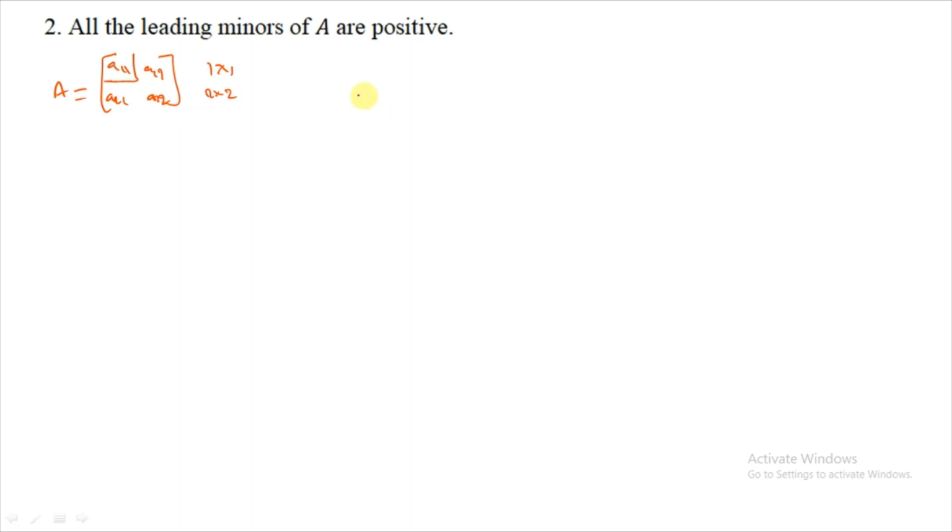So suppose A is a 3 by 3 matrix: A11, A12, A13, A21, A22, A23, A31, A32, A33. Now you have to take all the minors. First find the determinant of A11.